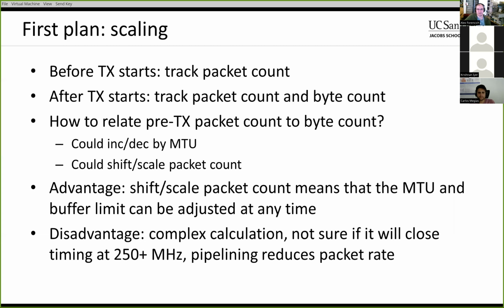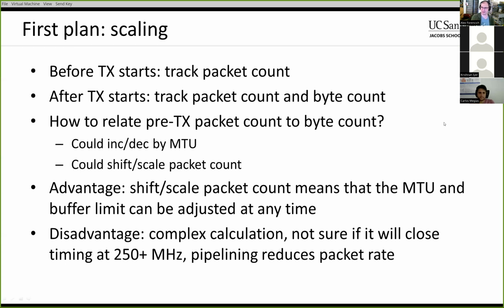The advantage of shifting and scaling the packet count is that it's a relatively clean operation, because you can change the MTU and buffer size whenever you want, and the flow control will just work itself out. But the disadvantage is this is possibly a complex calculation, especially if you want to do all this every time you're trying to send a packet, right? If you make this a very tight loop, having to do all of these multiplications and all of this math doesn't necessarily work very well in terms of timing and area and whatnot.